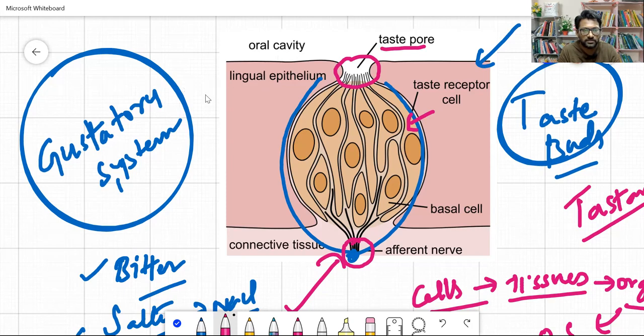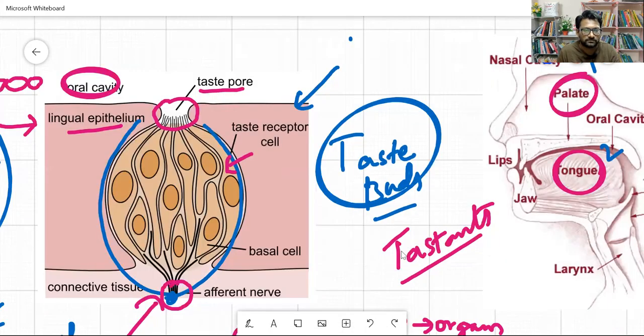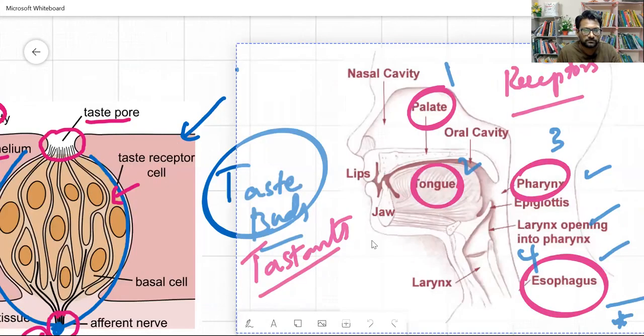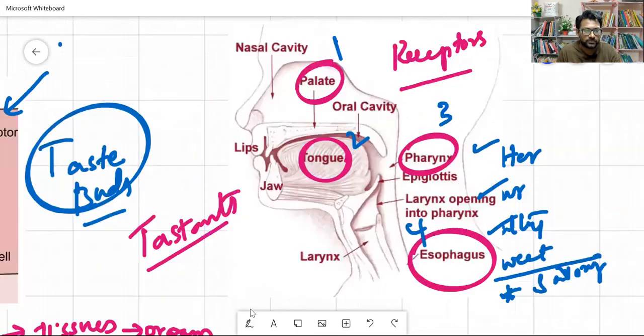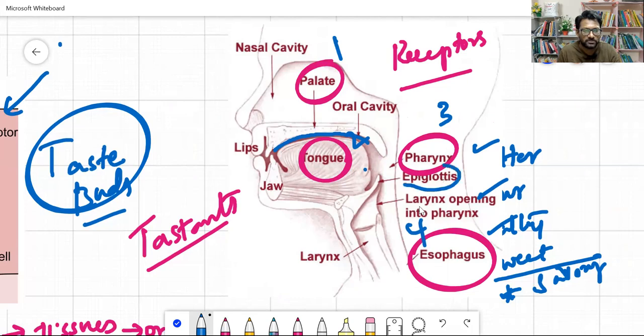This is epithelium. Epithelium means the layer which covers the outermost of the organ. This is the oral cavity. If you see the tongue, this is the oral cavity, which contains the palate, tongue, pharynx, epiglottis.